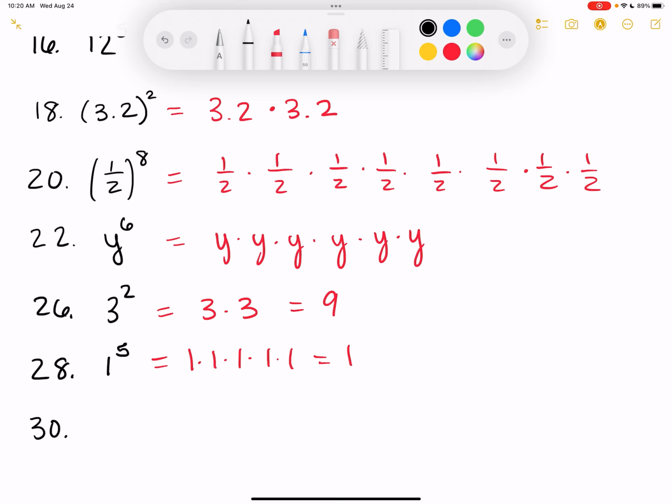Let's see. 30. We have 5 raised to the 3rd power. So what would this be? 5 times 5 times 5. Yep, 5 times 5 times 5. And then with this one, so what's 5 times 5? 25. And then 25 is like what kind of money? A quarter.